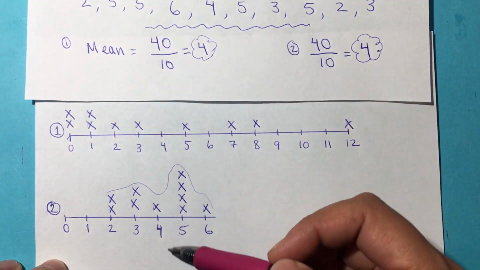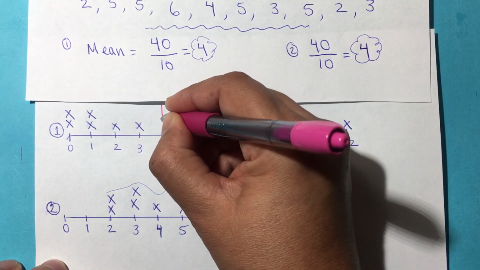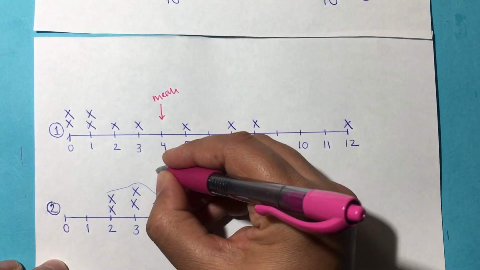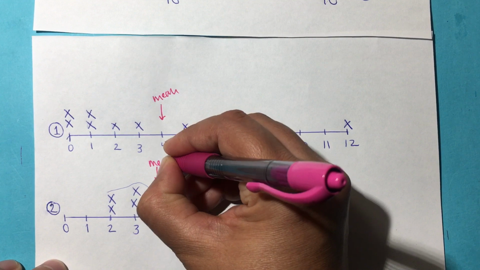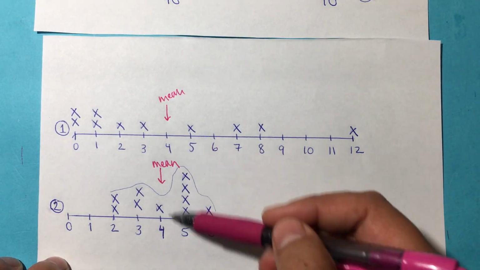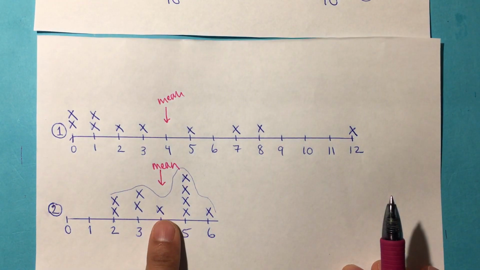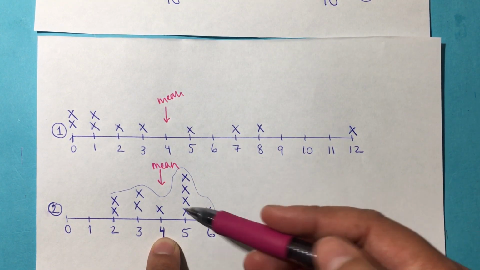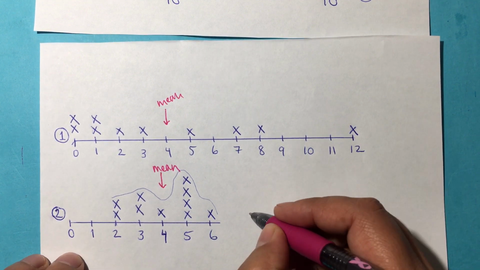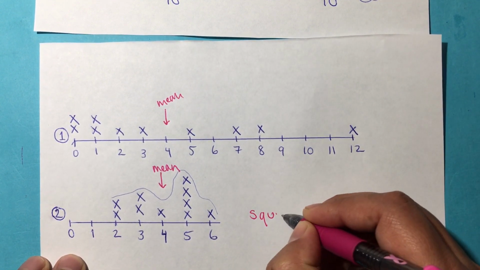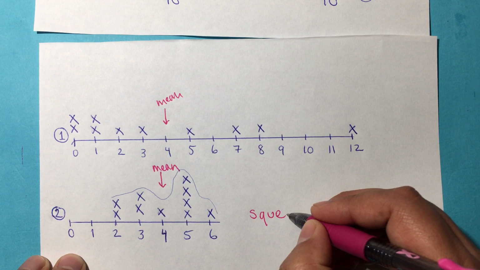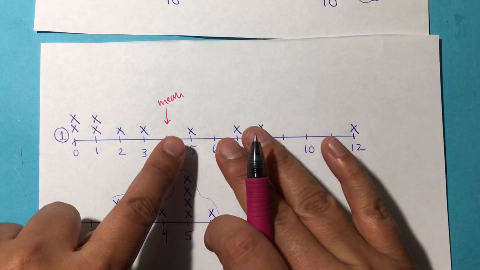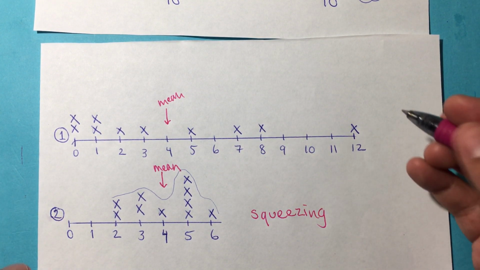So the mean for both of them is 4, so the mean is right here, and for this one it is right here. Okay, so both are at 4, but notice how the data set is spread. In here, we can say that it's squished. The data set is squeezing, while in the first one, we can see that it's a little bit more spread out, or stretching.